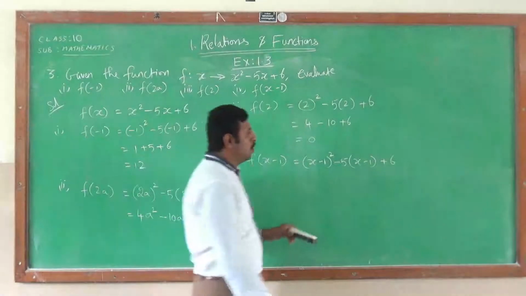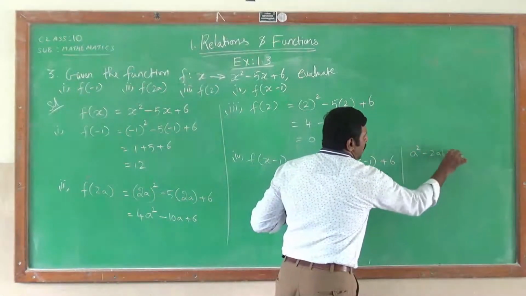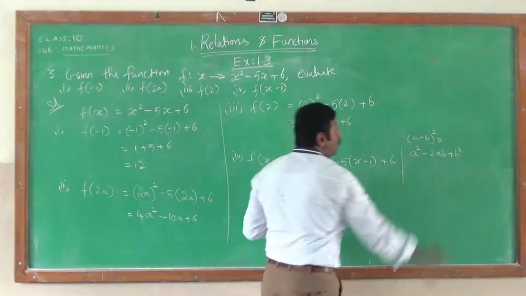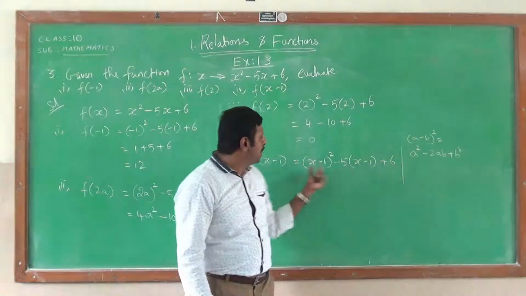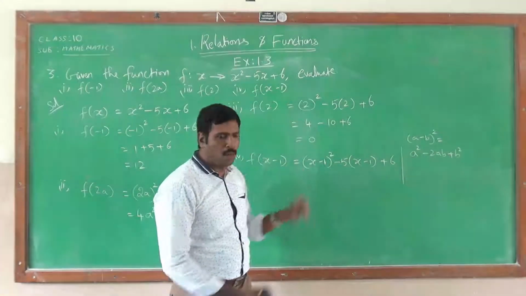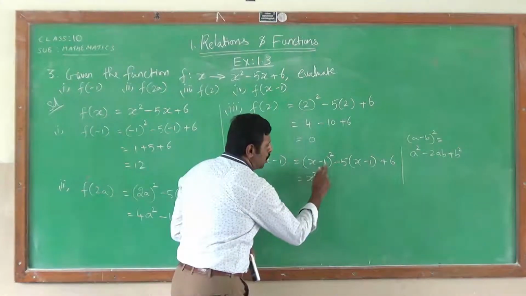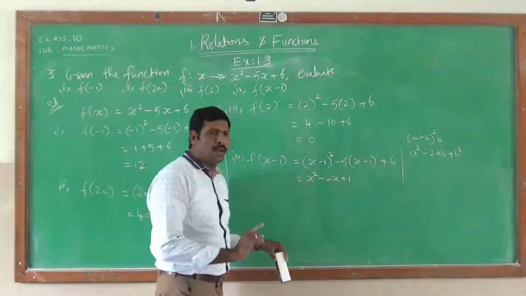So we know the formula a square minus 2ab plus b square, that is (a minus b) whole square is equal to. Now you are going to apply the formula here. In the place of a is x and in the place of b is 1. So x square minus 2 into a into b means 2x, plus 1 square is nothing but 1.